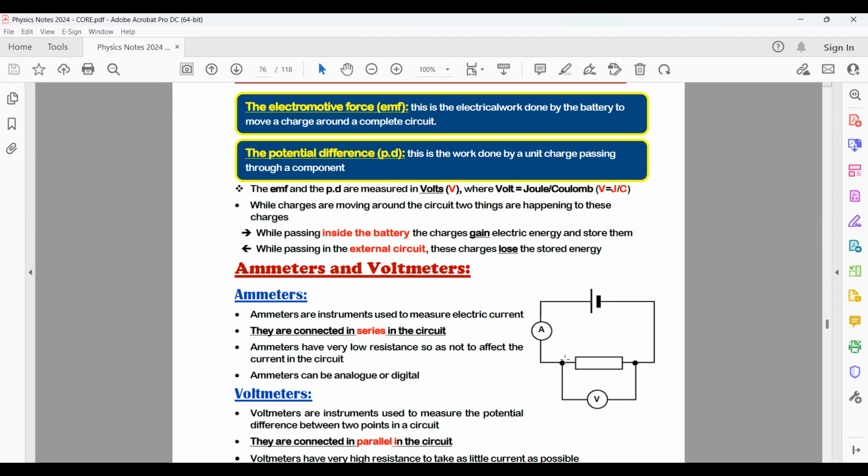In order to connect the voltmeter, we must have a connection before and a connection after. The voltmeter measures the potential difference between these 2 points and tells you how much energy has been used or how much has been gained during this section.